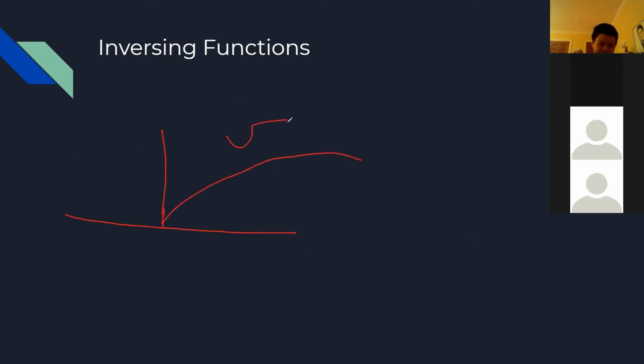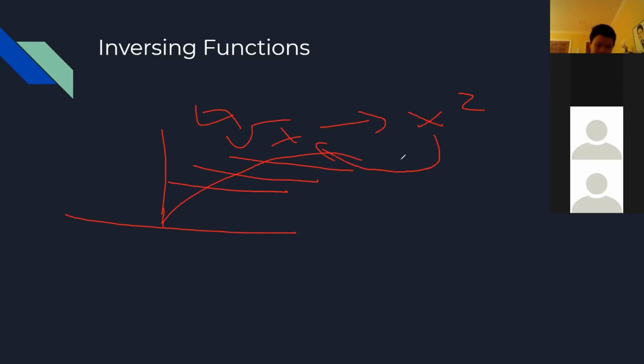Now, an interesting thing about x squared is square root x. First of all, the domain of this is all non-negative numbers, and it fulfills the one-to-one basis. So it does have an inverse, x squared. However, x squared does not have an inverse. The only reason x squared has an inverse here is because of square root x's domain issue.